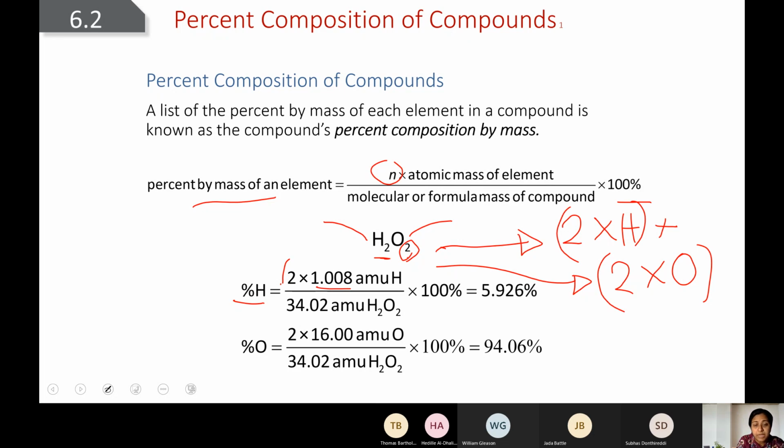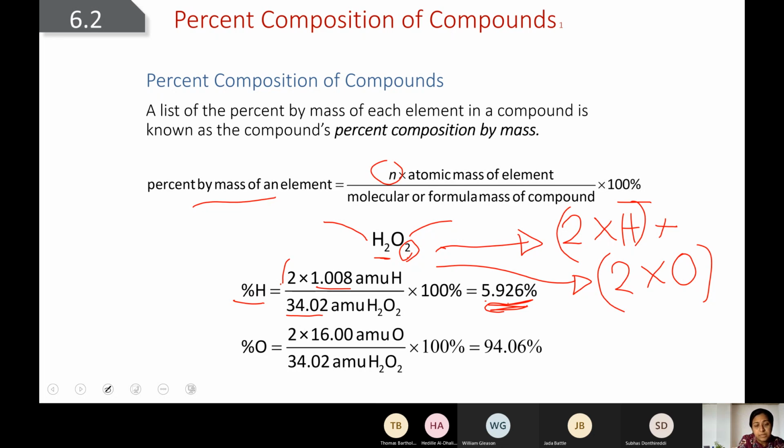We found it as 34.02 for hydrogen peroxide, H2O2. Then we multiply it by 100 and we get the percentage as 5.926. That is the percentage mass of the hydrogen in H2O2, hydrogen peroxide.